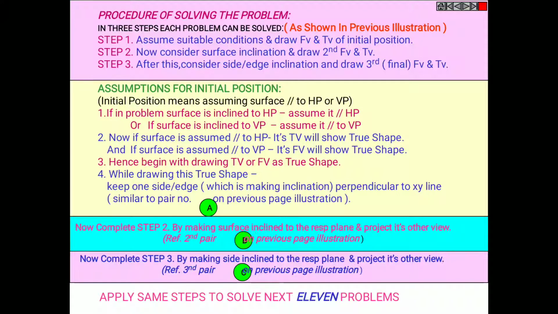Now the procedure of solving the problems. See clearly, in 3 steps each problem can be solved as shown in previous illustrations. Step 1, assume suitable conditions and draw front view and top view of its initial position. For any case of the problem, whatever the condition, these 3 steps should be followed for each and every problem.